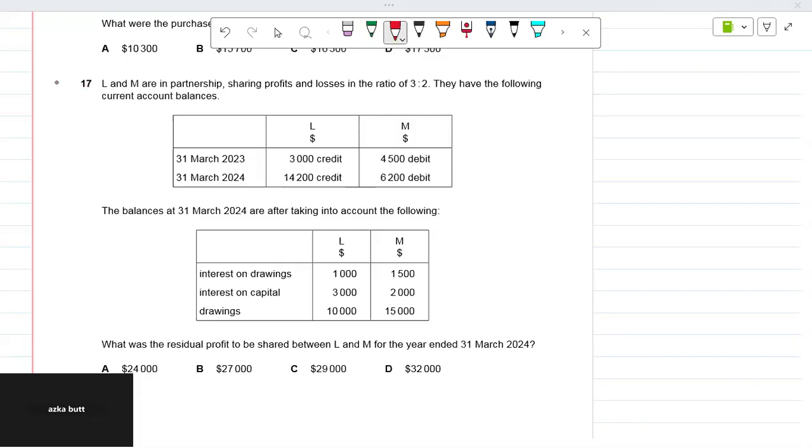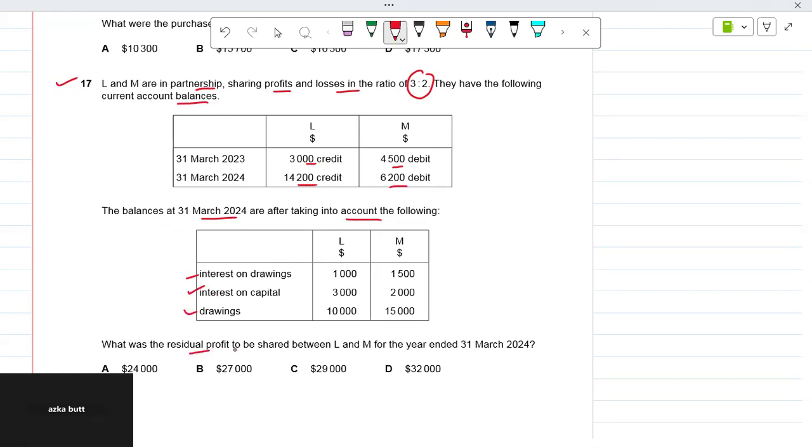Okay, so question number 17. L and M are in partnership, sharing profits and losses in the ratio of 3:2. They have the following current account balances. This is the opening balance and this is the closing balance. The balances at 31st March 2024 are after taking into account interest and drawings, interest and capital drawings.